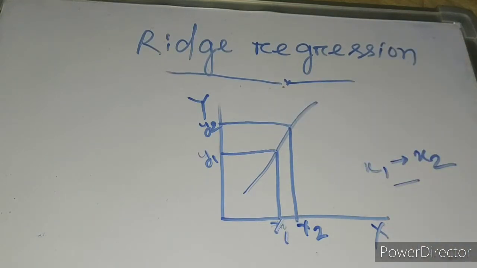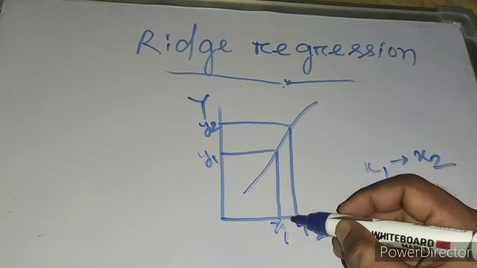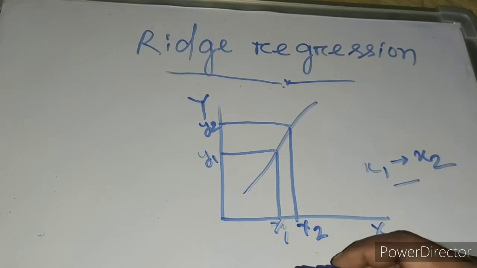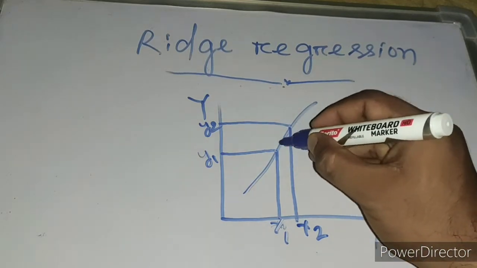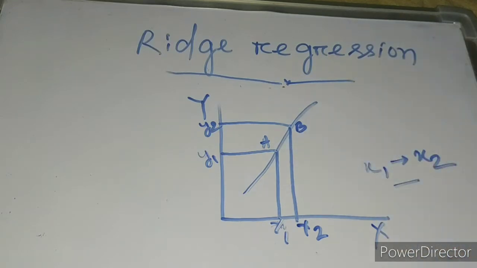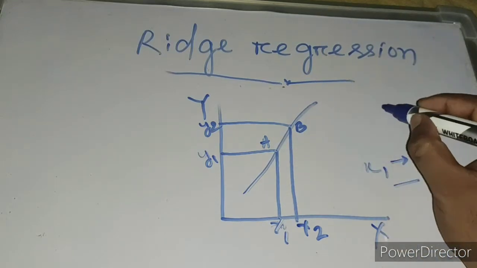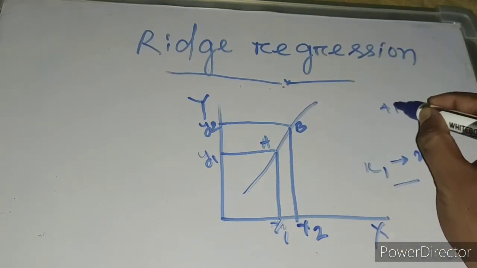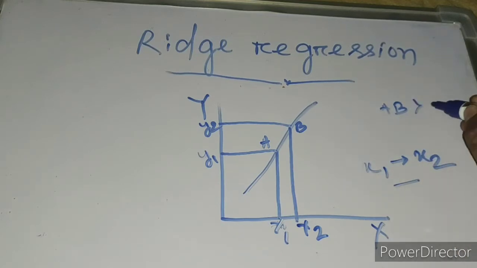which is not generalized. Suppose this is the x1 x2 distance, and on the line this point is A and this point is B. Here AB is greater than x1 x2.